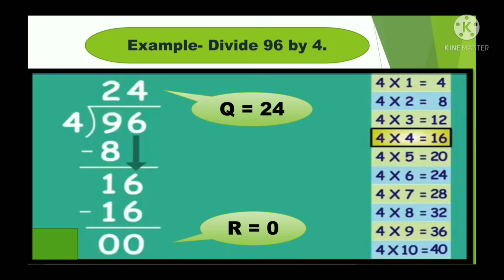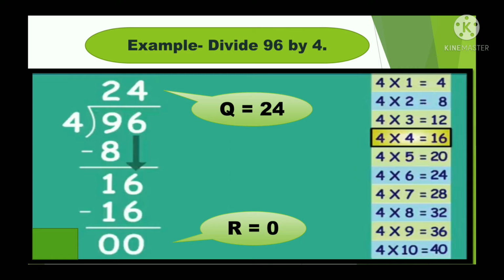We can see in the table of 4, 4 2s are 8, which is closest to 9. So we take it and write it down below 9, and we write 2 as the quotient.